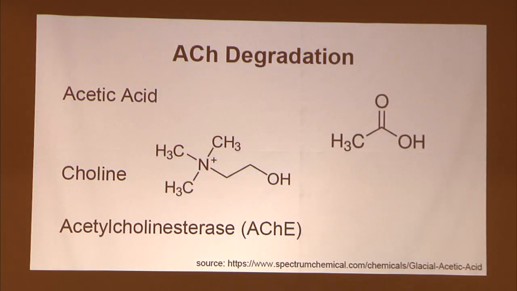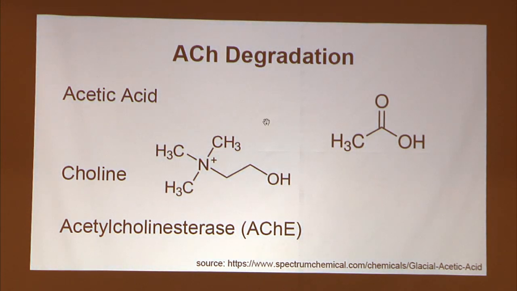And then ACh degradation is occurring not in the axon terminal, but in the synapse. After acetylcholine is released, it binds to a receptor, then falls off, and then it gets degraded by acetylcholinesterase, so AChE, or ACE. I don't know, you can call it that if you like.